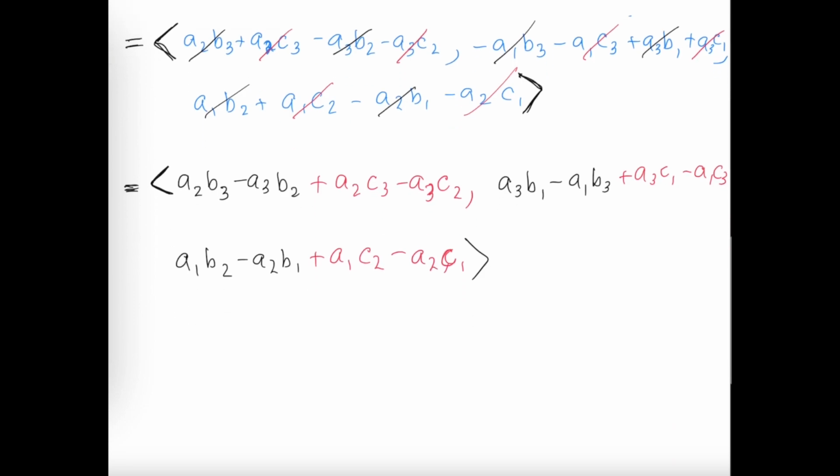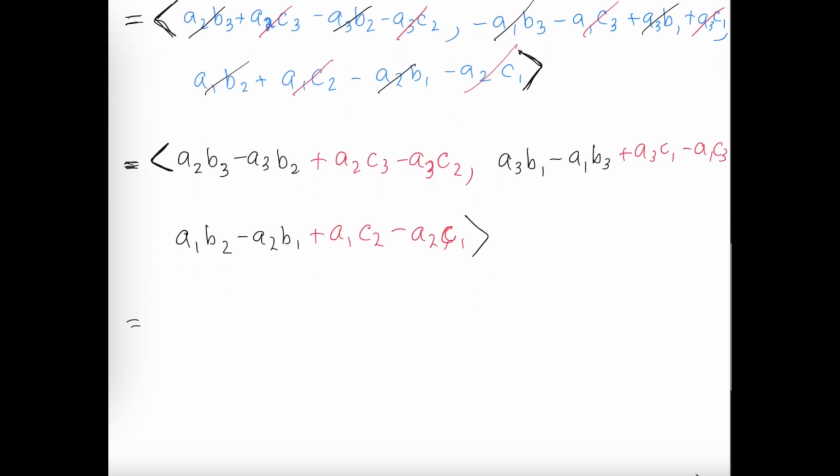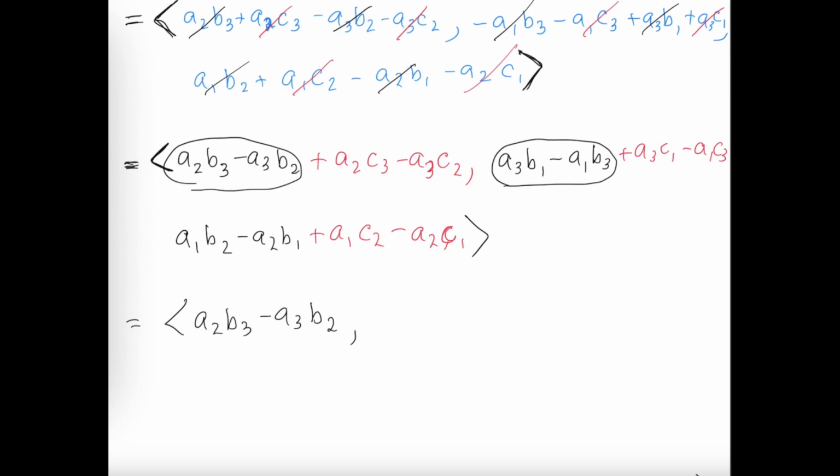So let's split this up into the sum of two vectors. That looks like it's going to be the vector with A2B3 minus A3B2 as the I component of the first vector. The J component of the first vector is going to be A3B1 minus A1B3.